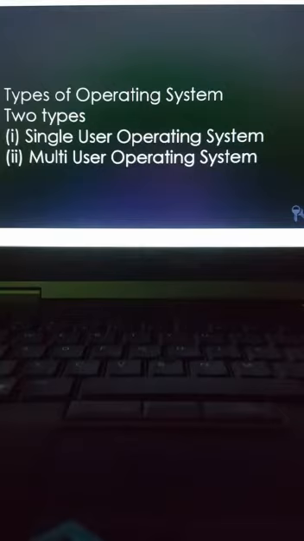Now, the types of operating system. How many types of operating system are there? There are two types: the single user operating system and the multi-user operating system. What is a single user operating system and what is a multi-user operating system? So here we go.